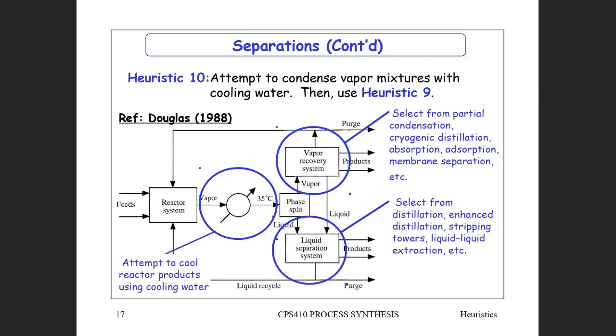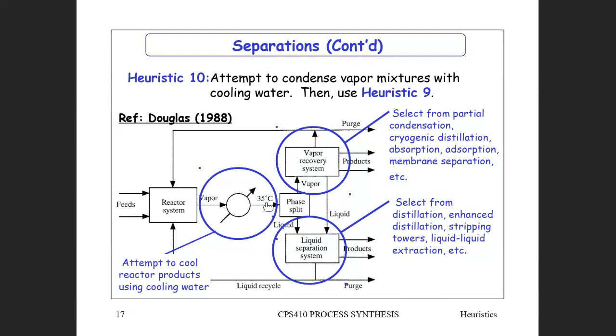Heuristic 10: attempt to condense vapor mixtures with cooling water, then use heuristic 9. Which means you've got your reactor system, you cool it down to, well, in this case, they say 35 degrees C. That's northern hemisphere, where temperatures are cooler and they don't get as hot as here in South Africa.